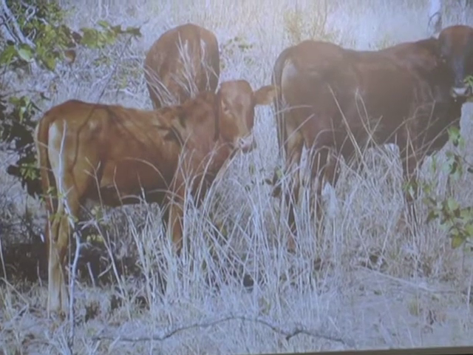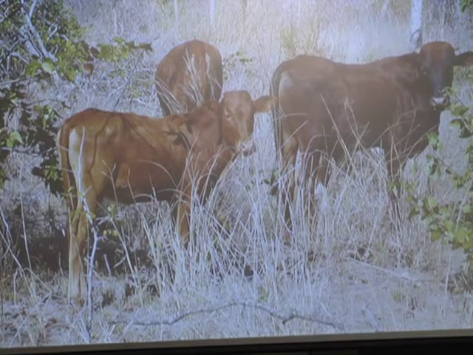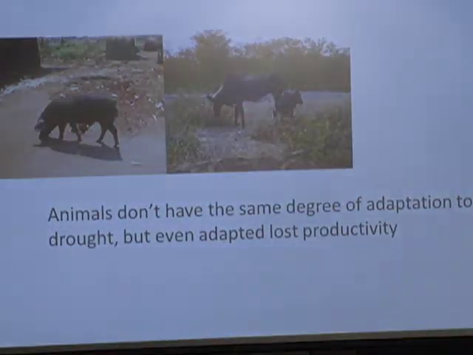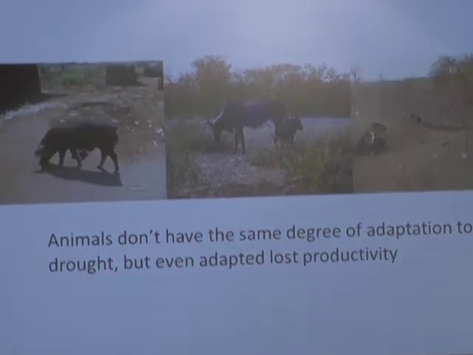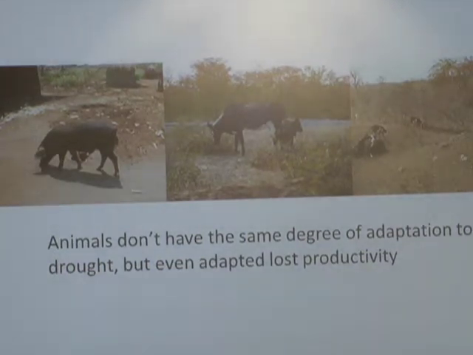In this one, I try to show again the performance of the animals in pastoral systems. Sometimes we have different degrees, but even when the animals adapt, when the weather is extreme, the productivity goes down because the animals don't have food and sometimes they cannot have water to drink.